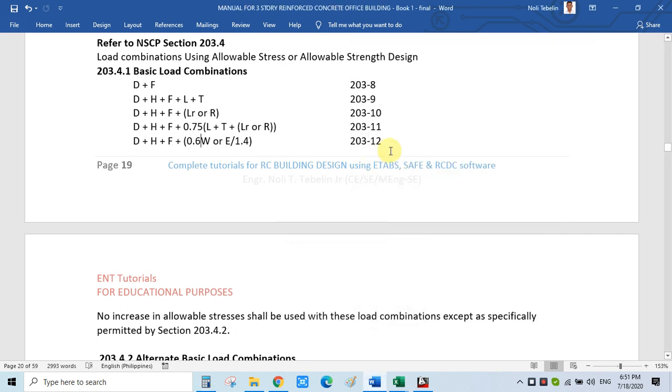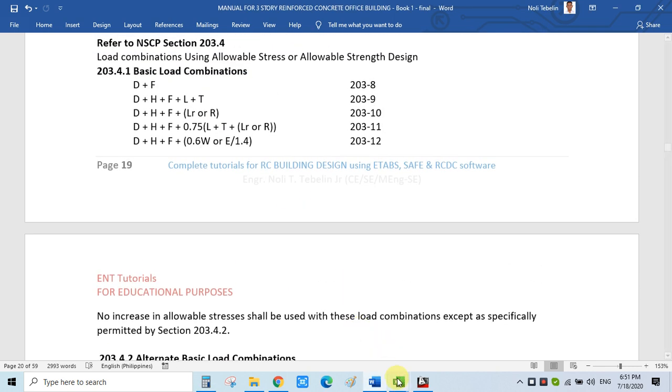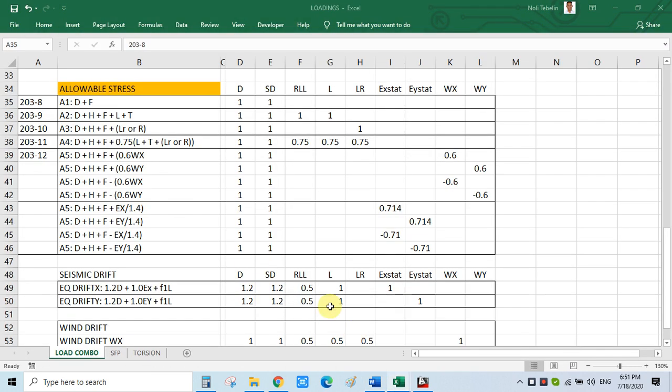So, we'll have negative values also for earthquake. So, ito na yun yung load combinations natin dito sa allowable stress. Then, seismic drift, we will use strength design for NSCP, and wind drift, we will use service load combinations. Okay? Then, that's it for the load combinations.